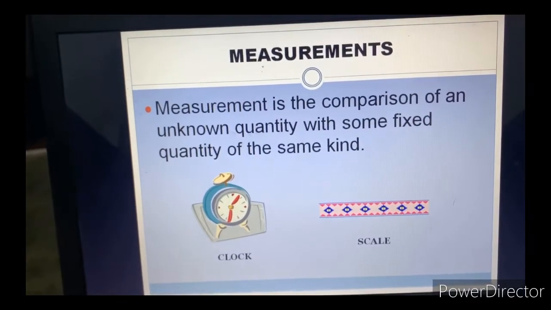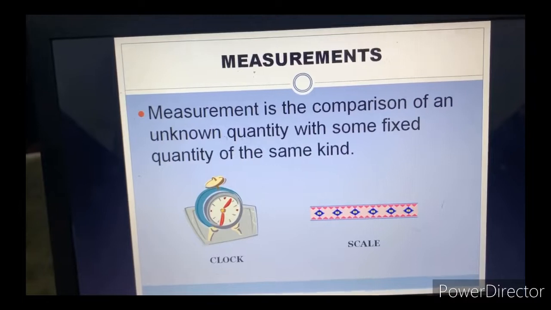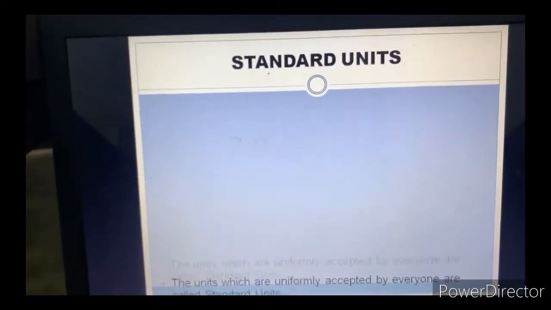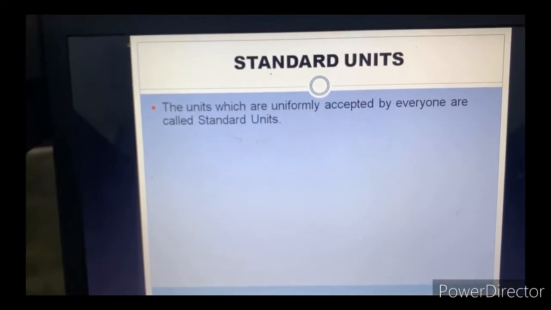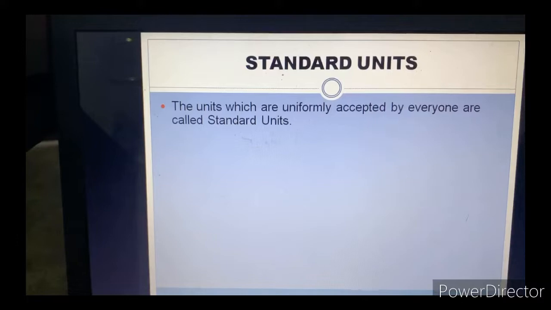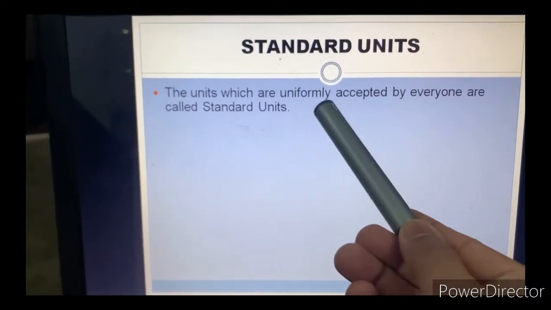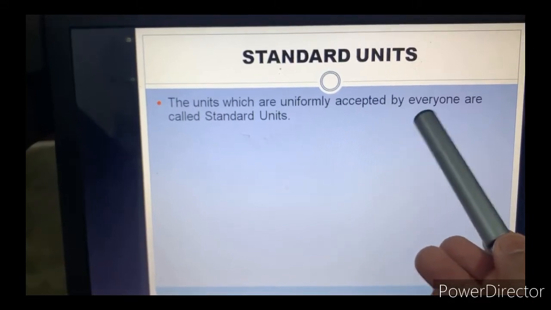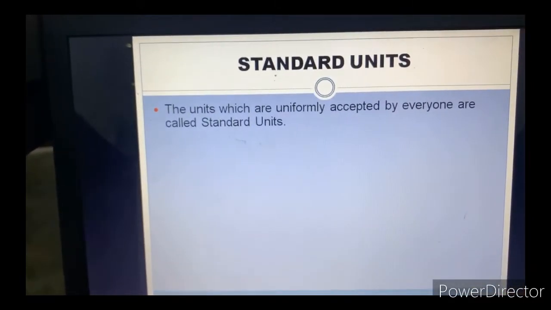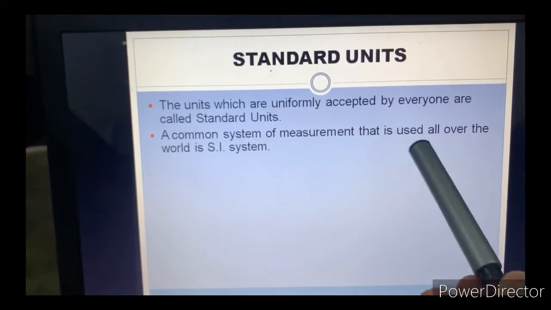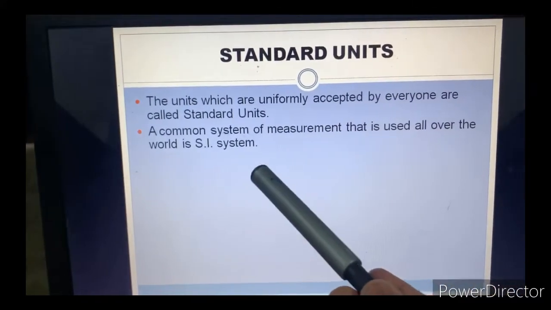Understood? So these units are termed as standard units. Now what are standard units? The units which are uniformly accepted by everyone are called standard units. Yes, uniformly accepted means एक जैसा. And the common system of measurement that is used all over the world is called SI system.